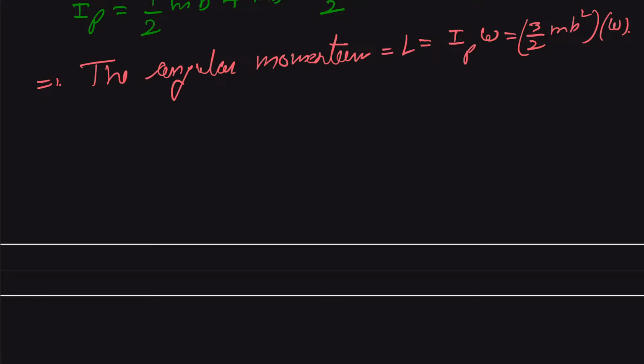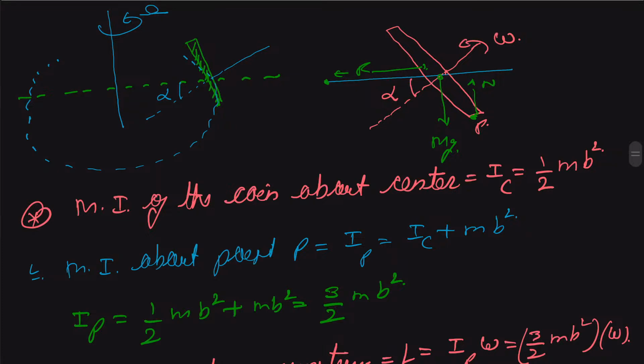And this angular momentum we can divide it into components. So this will be our angular momentum L, and therefore if we have this as our angular momentum, we can write this as our L sine of theta.